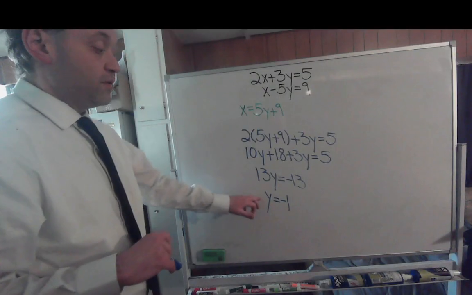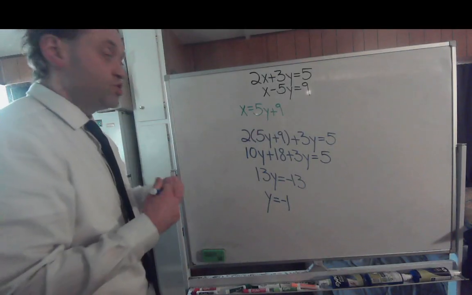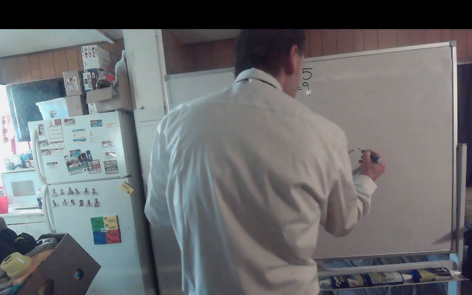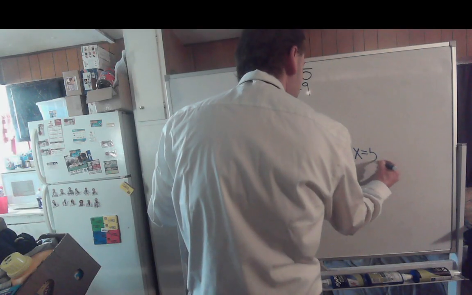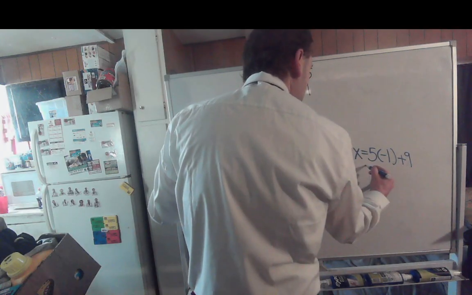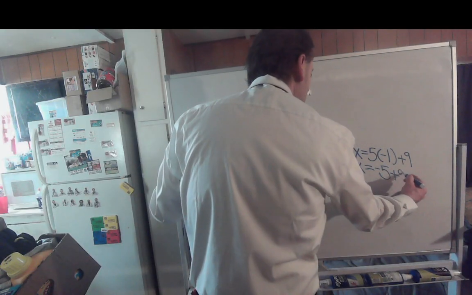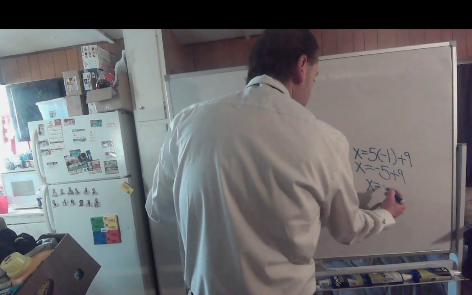Now in order to solve for x, all we got to do is put that y value of negative 1 into the substitution equation. So x would equal 5 times negative 1 plus 9, which would give you negative 5 plus 9, which would give you an x value of 4.